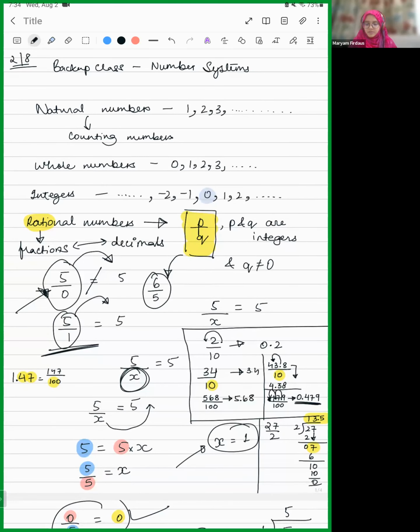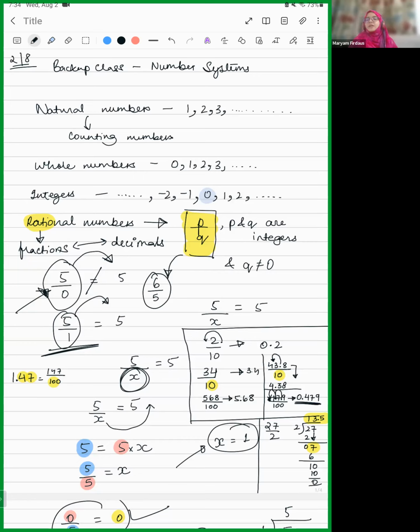Is every rational number a whole number? No. Can you give me an example? Because rational numbers are in the form of p by q, and whole numbers are just numbers.